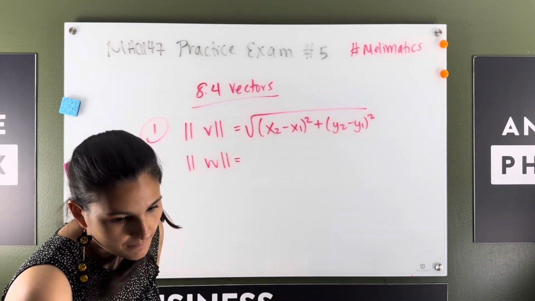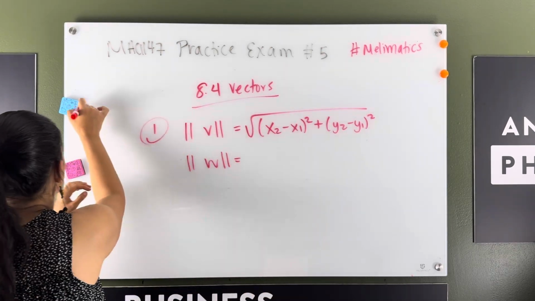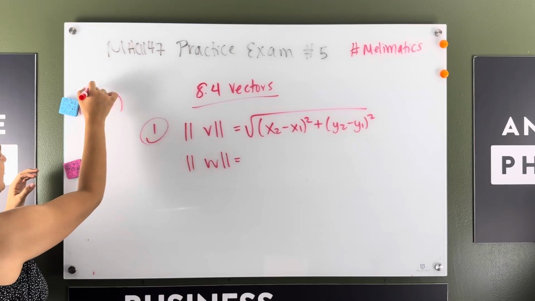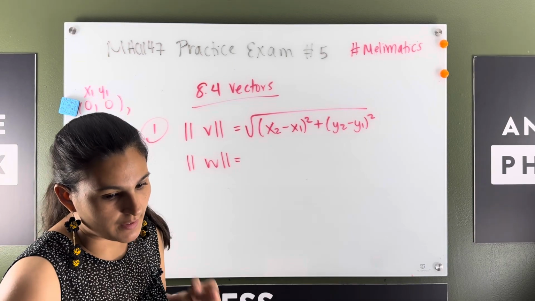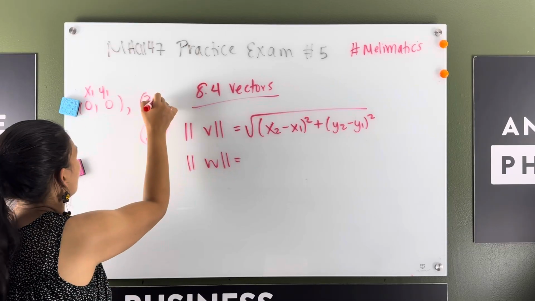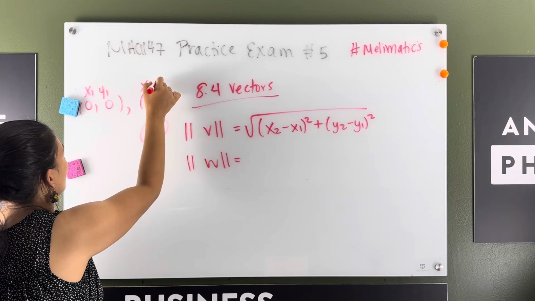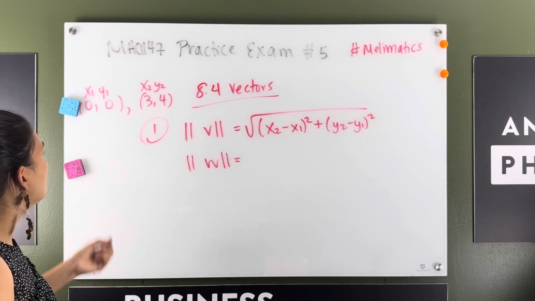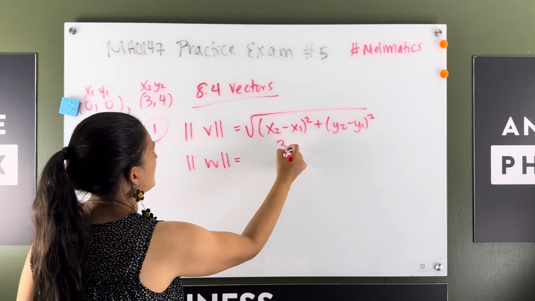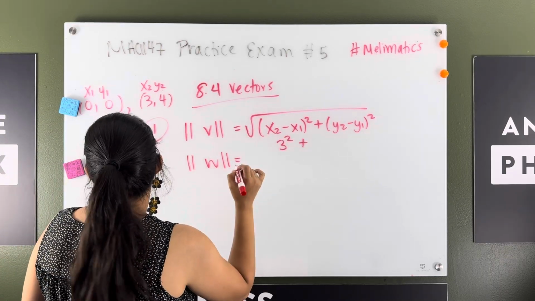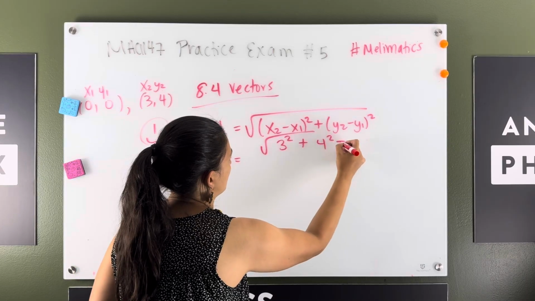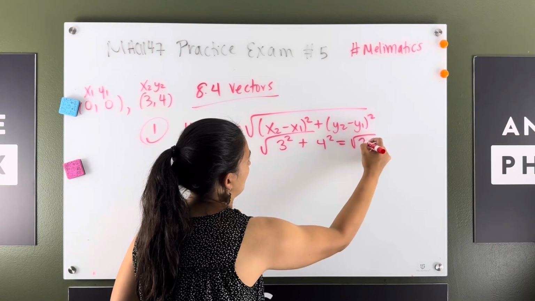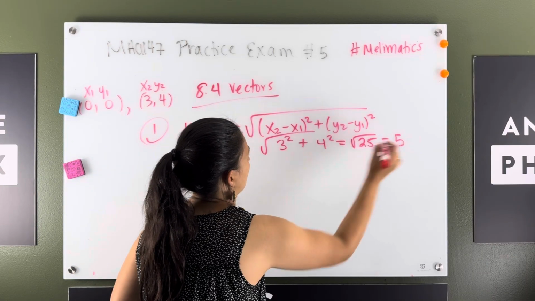So for v, they give us 0, 0 as its first ordered pair, where it starts. And then its endpoint is 3, 4. So that's our second ordered pair, right? So you just simply plug in. So that's going to be 3 squared plus 4 squared. Okay, so that's 9 plus 16, which is the square root of 25, which is 5.